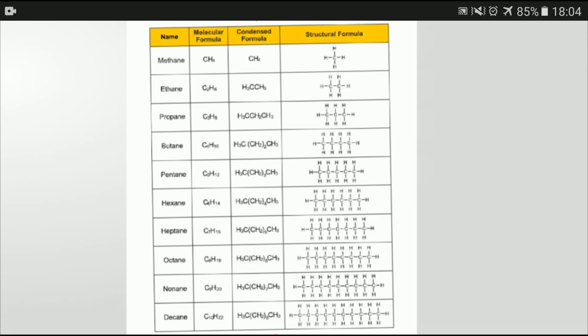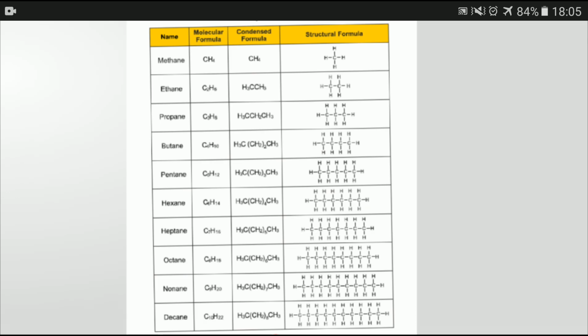In ethane, there are 2 carbon atoms. So with 2 carbon atoms, 6 hydrogen atoms are attached. By the general formula CnH2n+2, with the help of this formula, you can write the hydrogen atoms with carbon atoms.